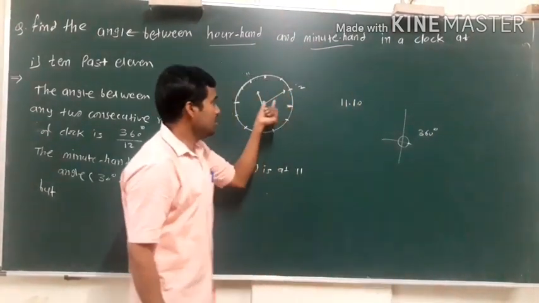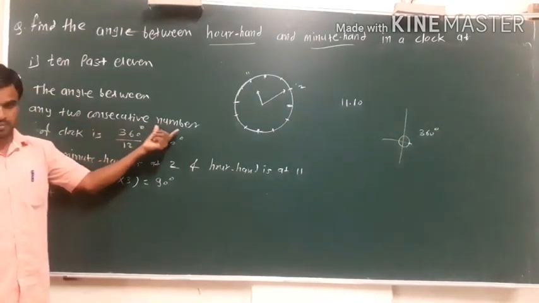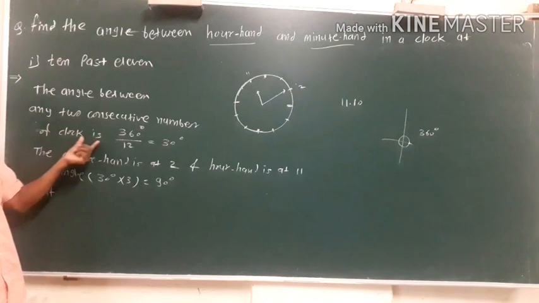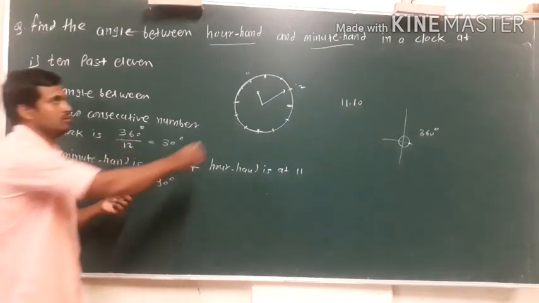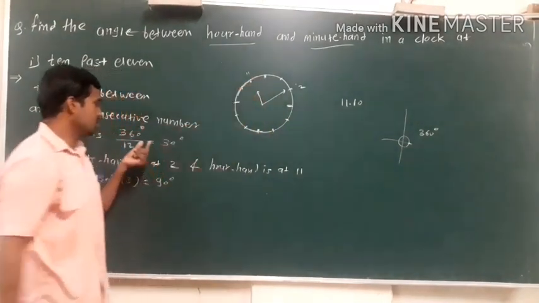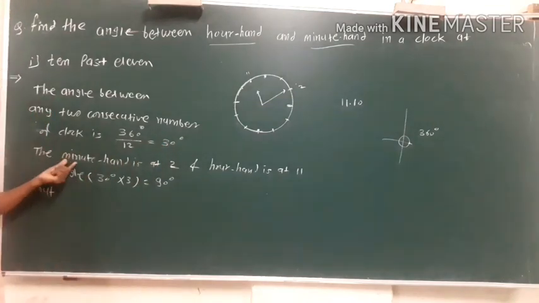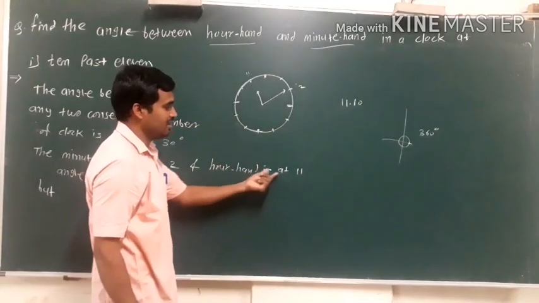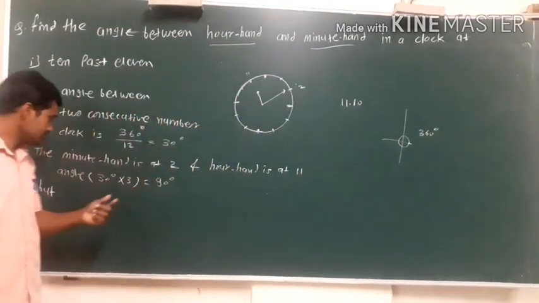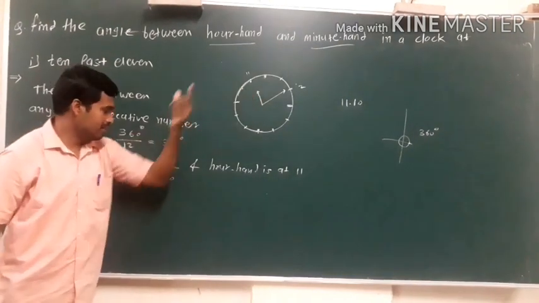The angle between any two consecutive numbers of the clock is 360 degree divided by 12, which equals 30 degree. The minute hand is at 2 and the hour hand is at 11. Angle 30 degree into 3 equals 90 degree.